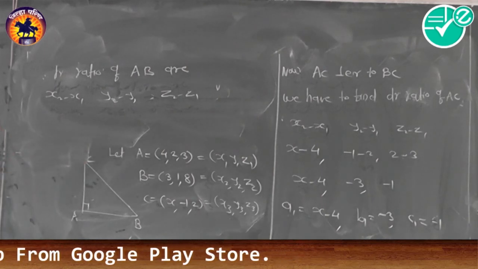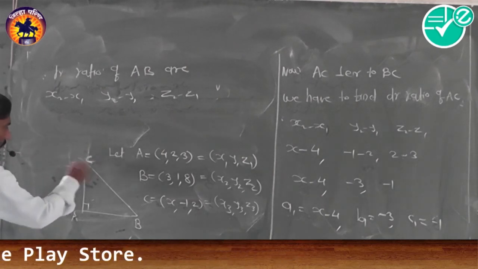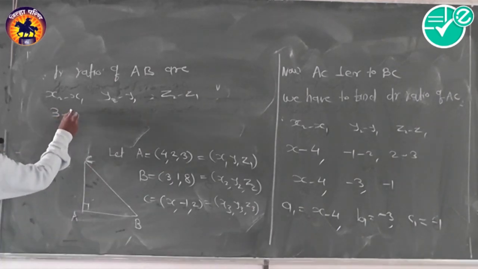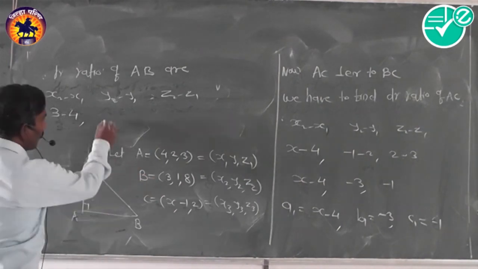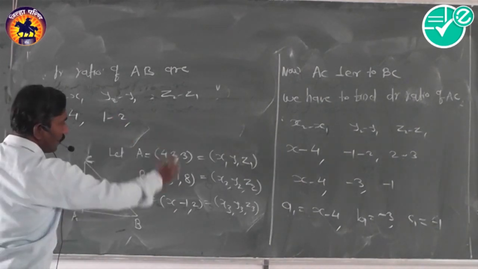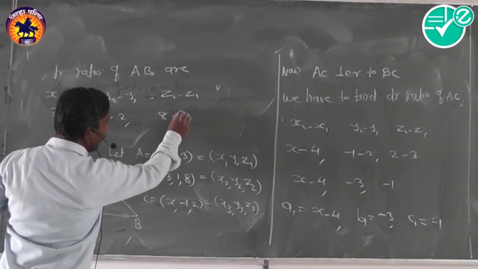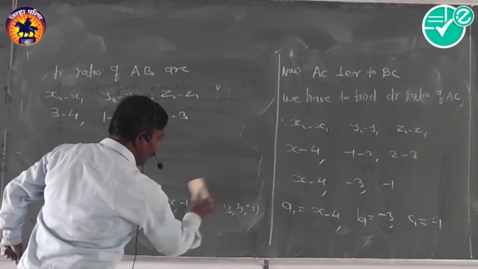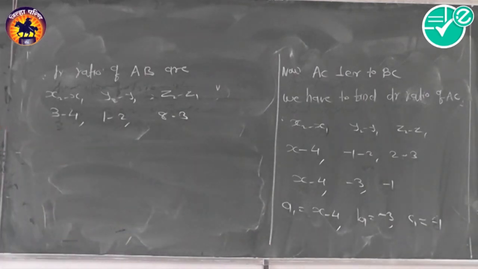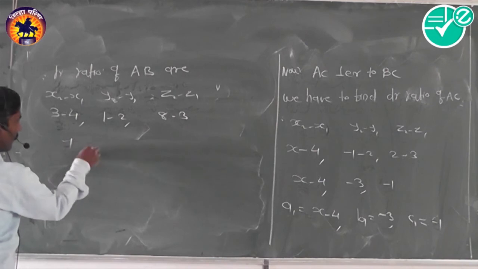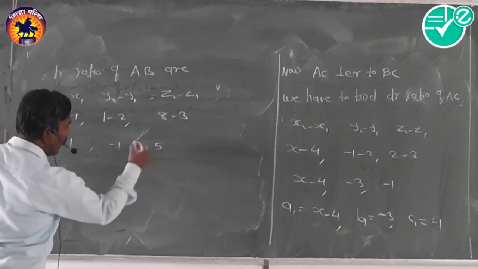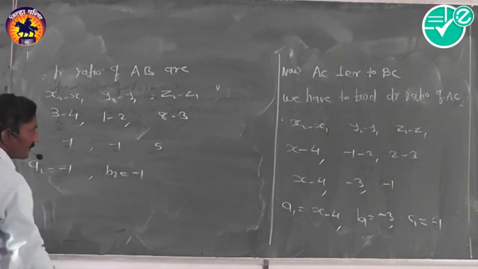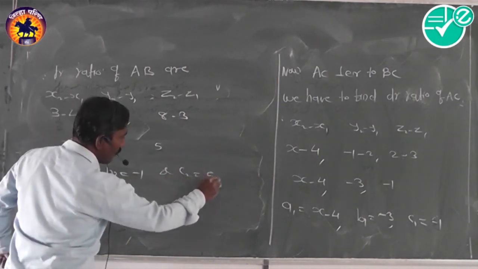So this becomes 3 minus 4, 1 minus 2, 8 minus 3, that is minus 1, minus 1 and 5. Therefore, A2 is equal to minus 1, B2 is equal to minus 1 and C2 is equal to 5.